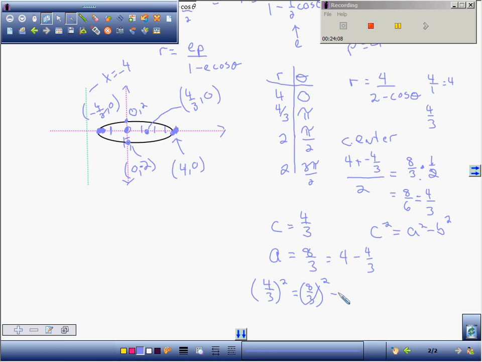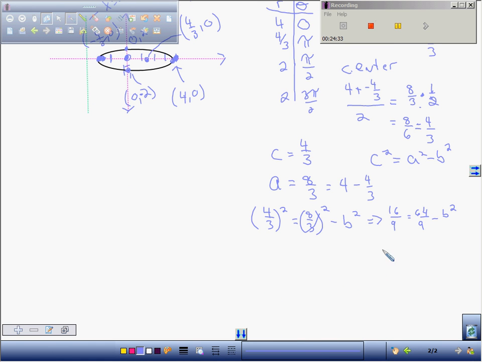And so when I do that, I get 16/9 equals 64/9 minus B squared. And so then I subtract 64 from both sides, and I'm going to go down more, I get negative 48 9ths equals negative B squared, which means that B squared equals 48 9ths.